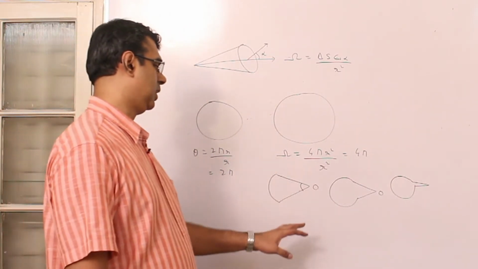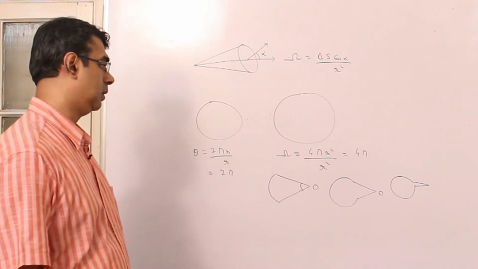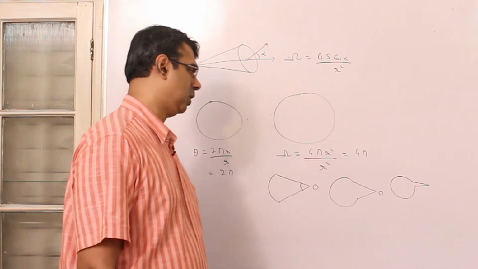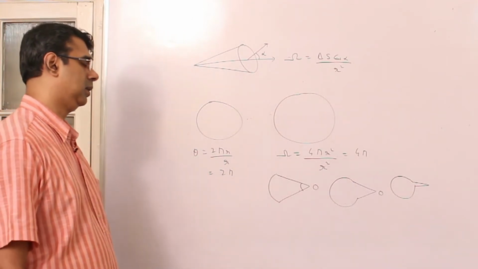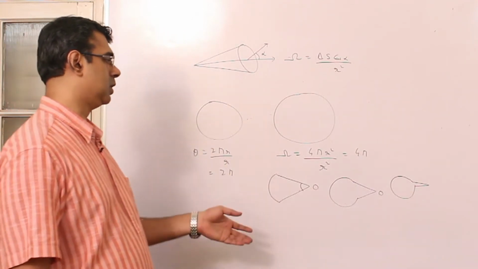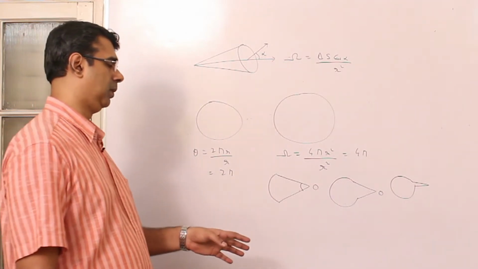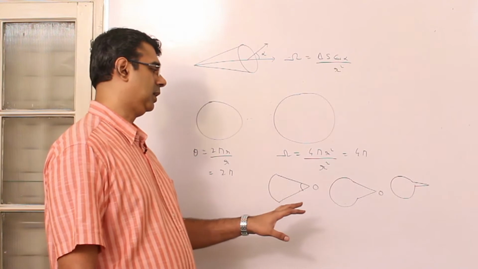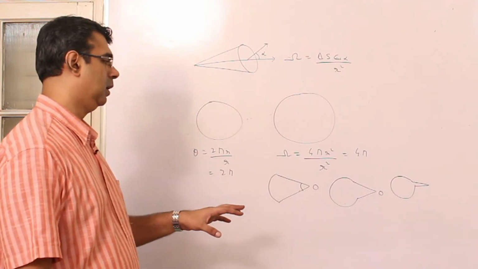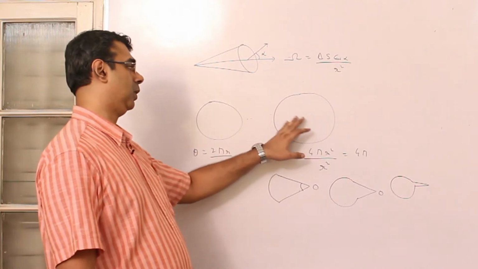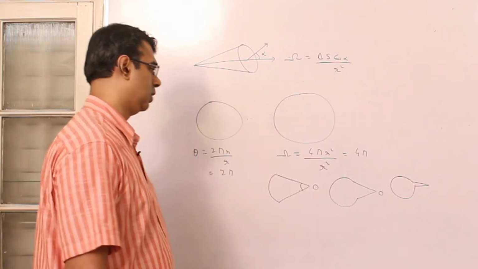So at any external point, the angle subtended by a plane figure is always 0. Or rather, in case of a closed surface, the total solid angle at any external point is always 0, right? At any external point, the solid angle for a closed surface is always 0, and for any internal point, the total solid angle is always 4 pi.